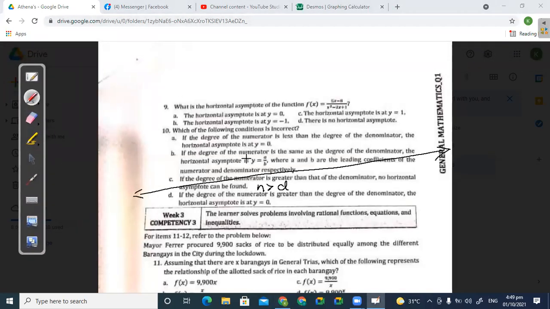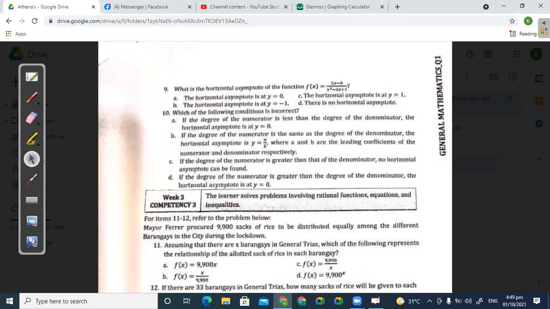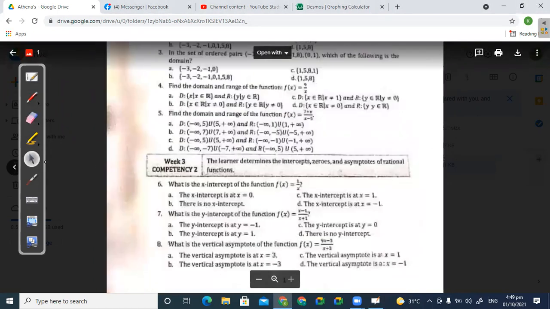Okay. So, ano pa isa? Letter B, if the degree mo naman ng numerator is the same as the degree of the denominator, then the horizontal asymptote is y equals a over b, where a and b are the leading coefficients. So kapag ganito naman daw, may sample nun sa baba.